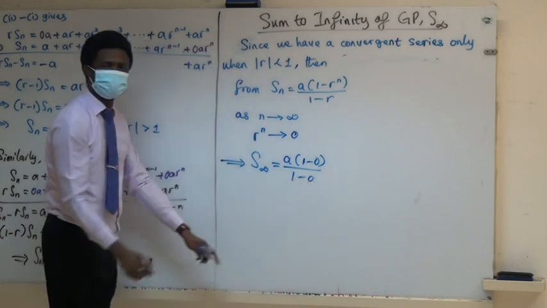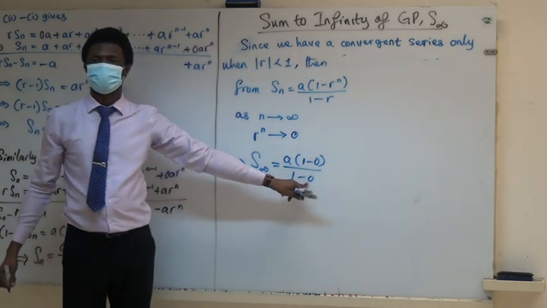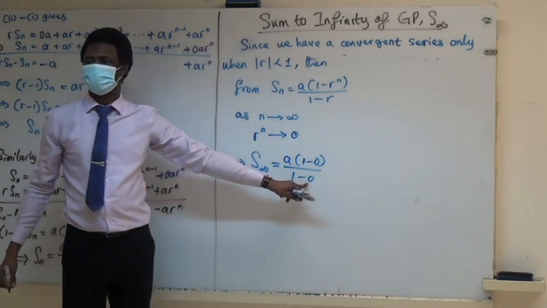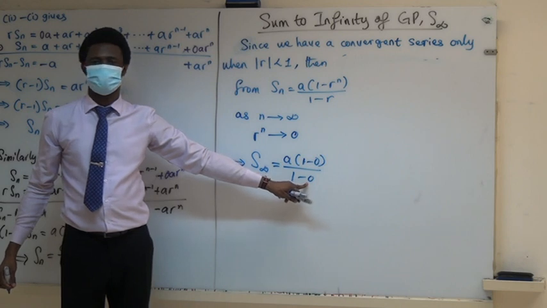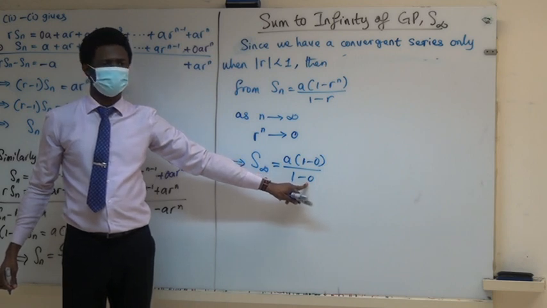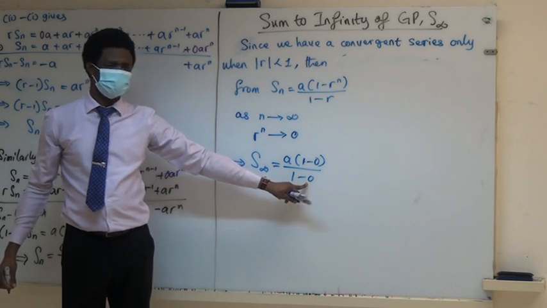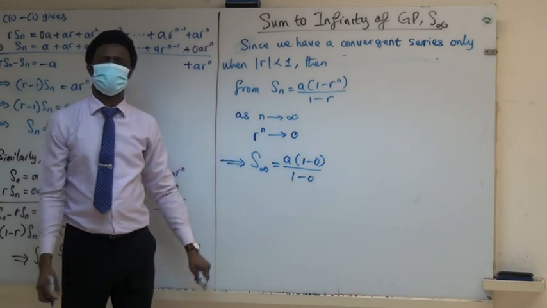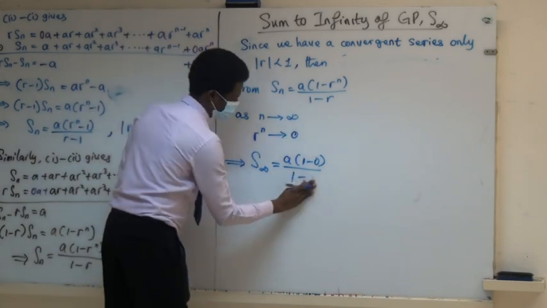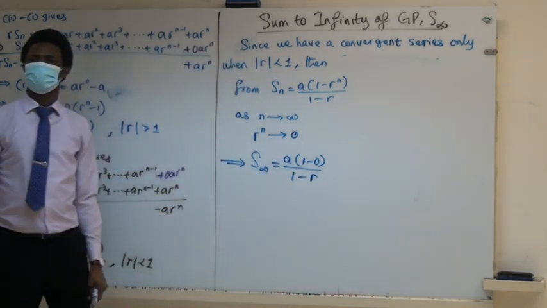Is this also 0? No. Because that's a fraction. Only r to the power n is 0, not r. This is just r. Does that make sense?